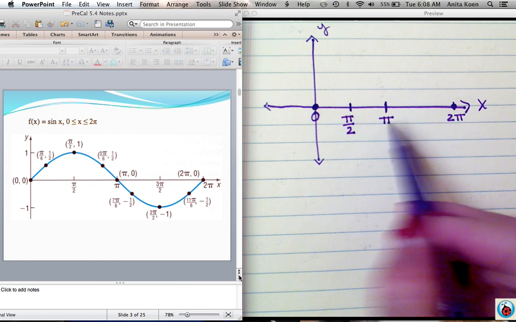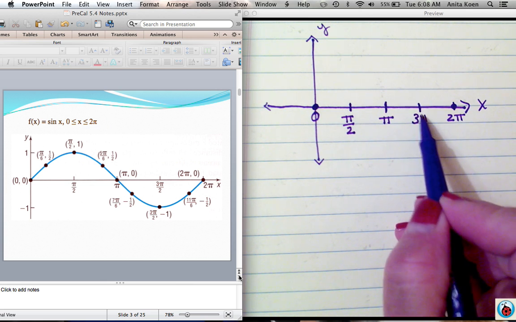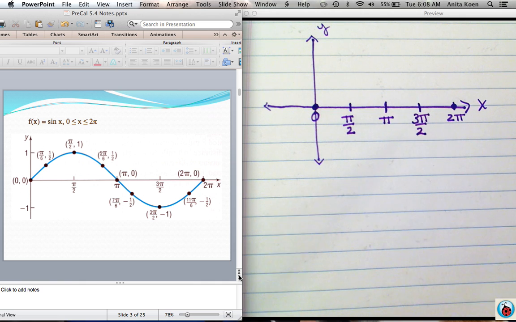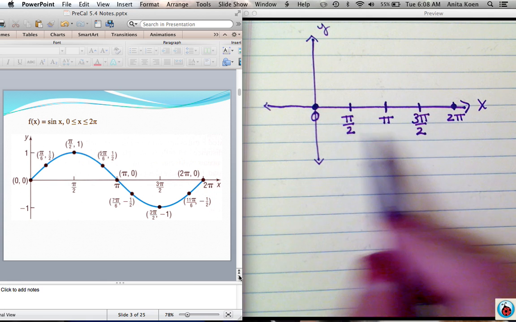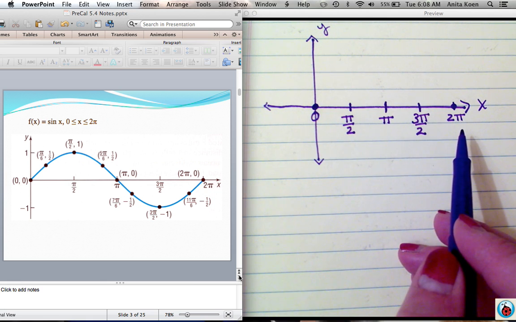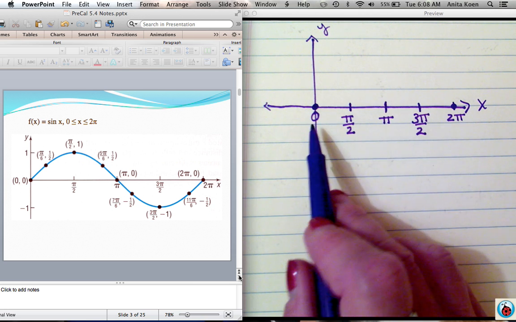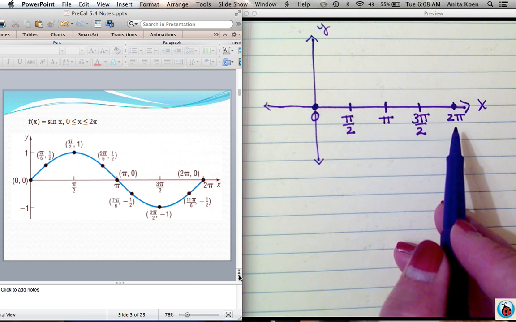And then I'm going to take the pi and the 2 pi and divide it in half, and halfway between pi and 2 pi is 1 1/2 pi, or 3 pi over 2. So I divide my x-axis into those intervals. Those are my critical intervals. That's one rotation around the unit circle from 0 to 2 pi.